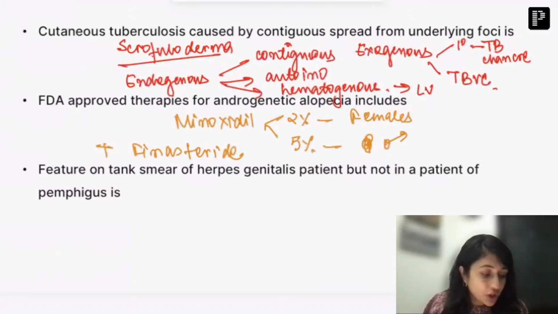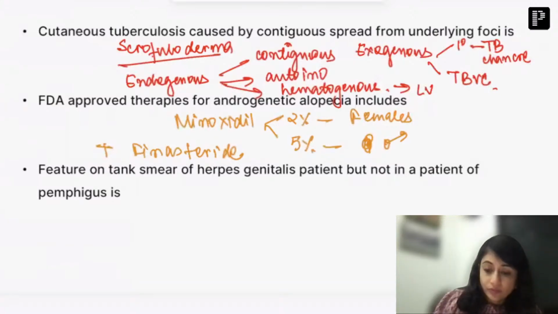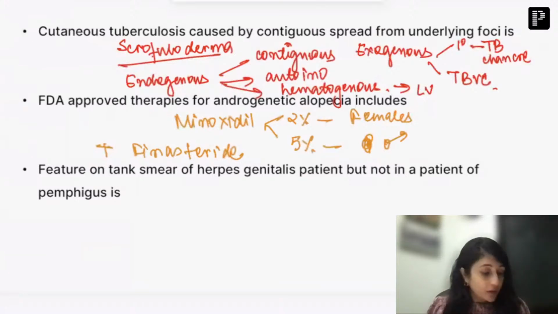How do you differentiate? Yes, finasteride is a 5-alpha reductase inhibitor. Both minoxidil and finasteride are FDA approved. Great. Yes, Dr. Chaitanya, you are right.